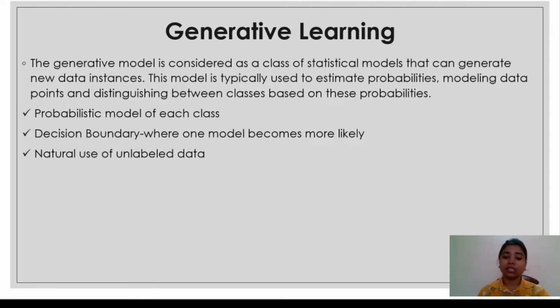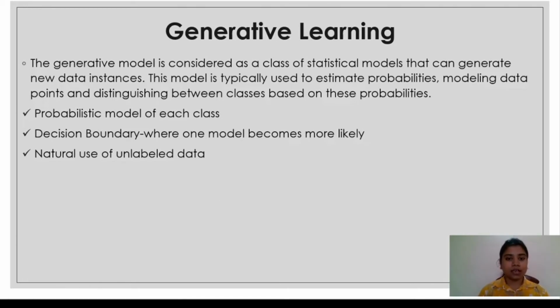Then we will do the same thing for the negatives, and if you ask a generative model to do classification, it will look for the boundary where one model becomes more likely than another, and then we will compute the probability, and as this probability reaches the boundary limit, at that point we can say this is the optimal way. So generative models are usually probabilistic and naturally use unlabeled data.